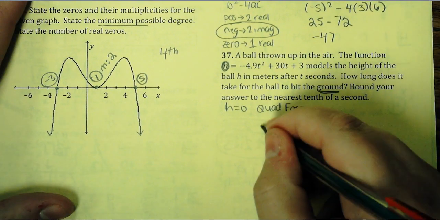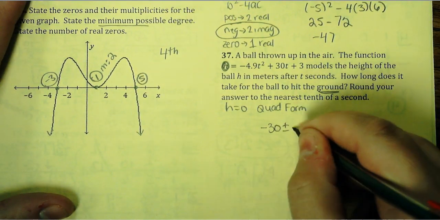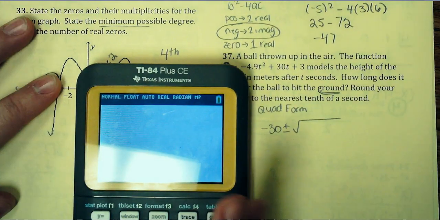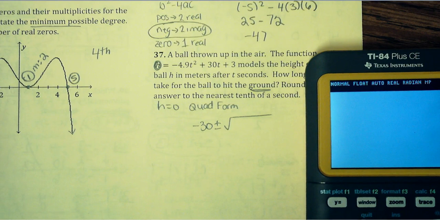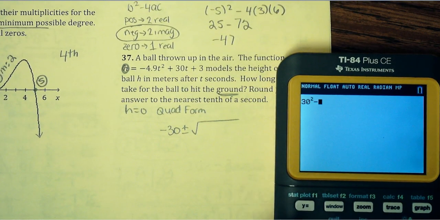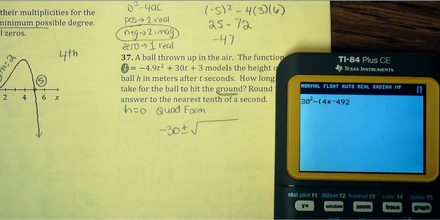So I'm going to do opposite of b, plus or minus the square root. Let me just grab my calculator here. So my b squared would be 30 squared minus 4 times a, negative 4.9, times c, which is 3.